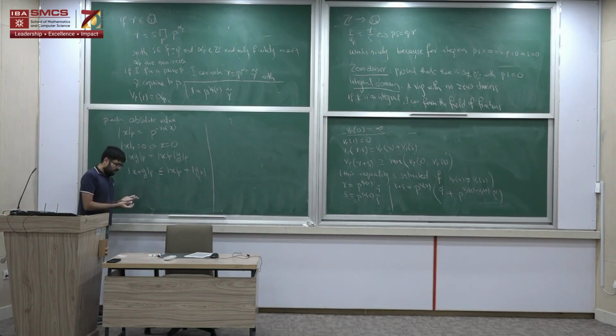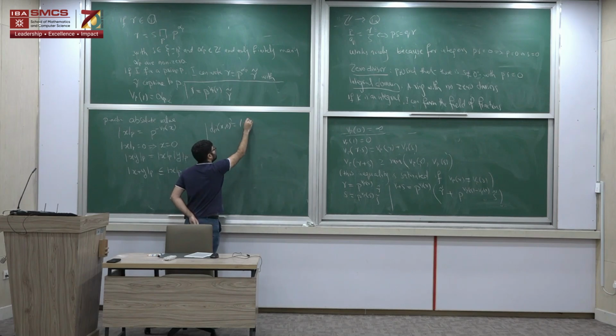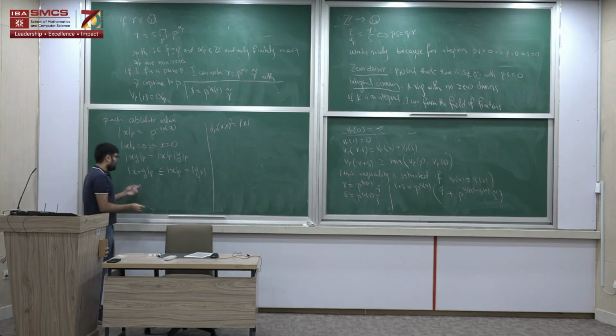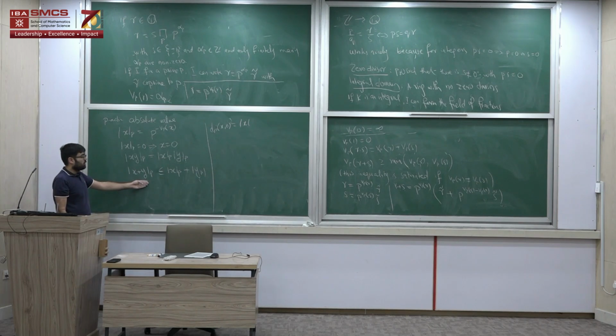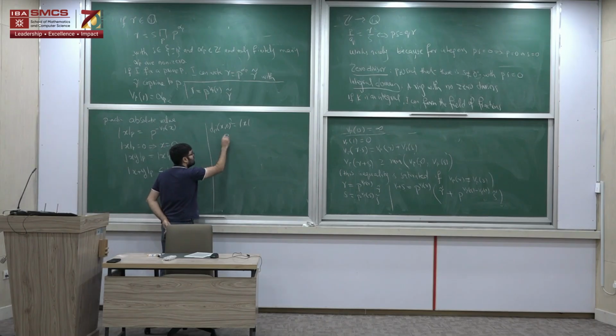So, let me try to write down some examples of this distance. One thing I want to do is ask what is the distance from 0. The distance from 0 is just the absolute value of x, and I can pick some values which are easy to compute. The first one is p.